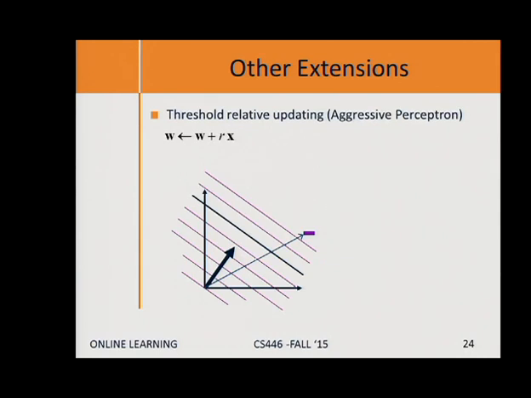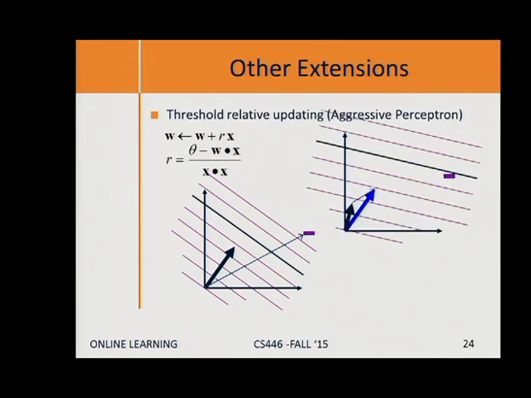Now, this may not be a problem, because you can feed this example multiple times. Eventually, I'll get it right. But you can also say, I want to make sure that when you give me the example again, I do not make a mistake on it. In order to do this, you have to update your learning rate, R. And it's a little bit of algebra to see that what you want is for R to be this.